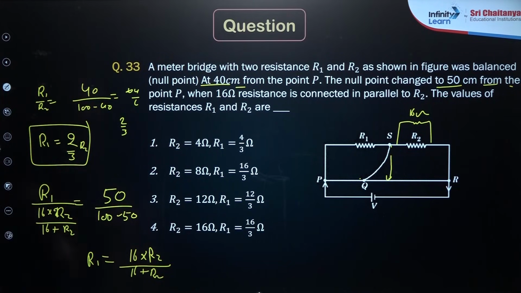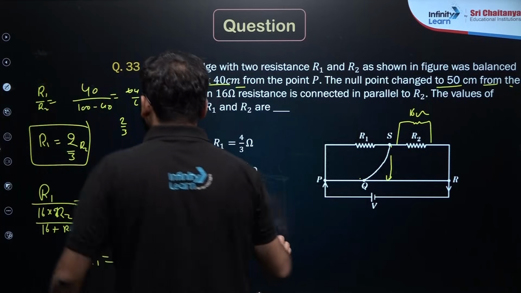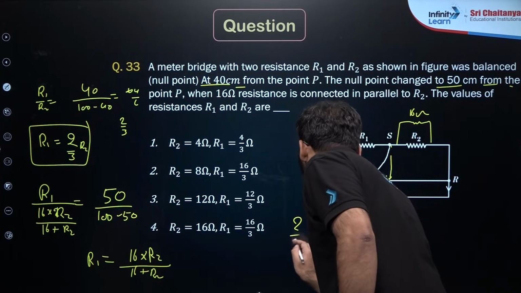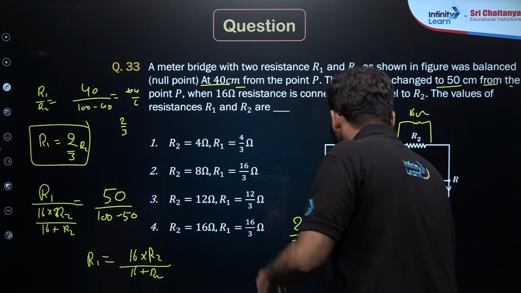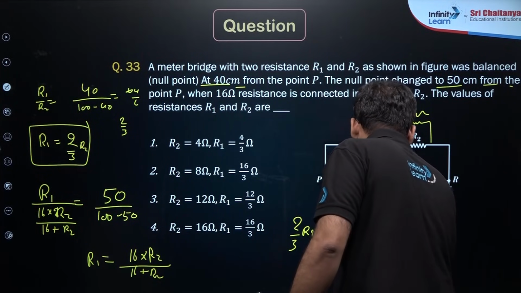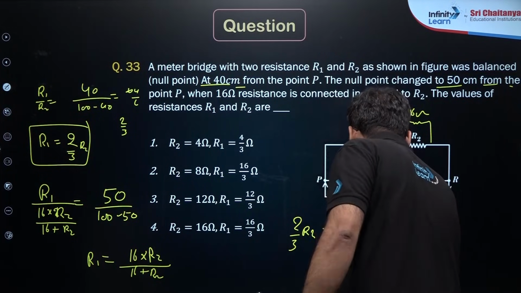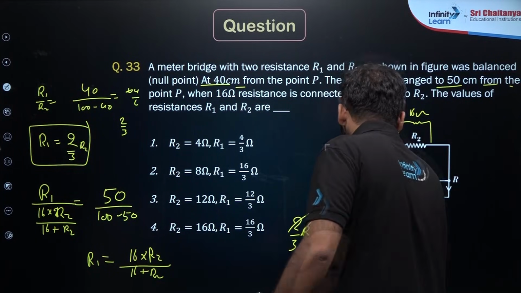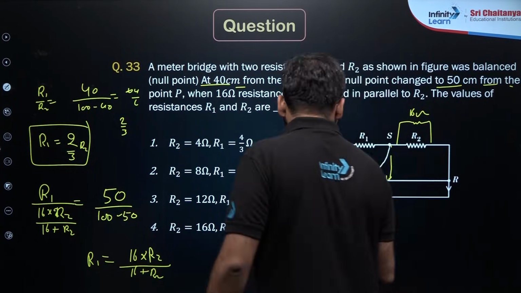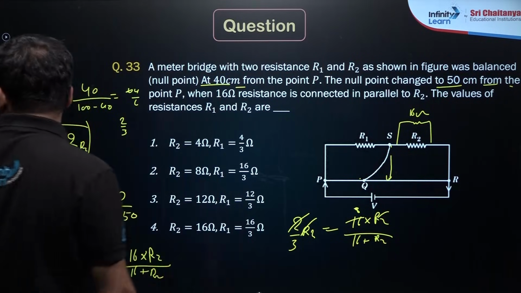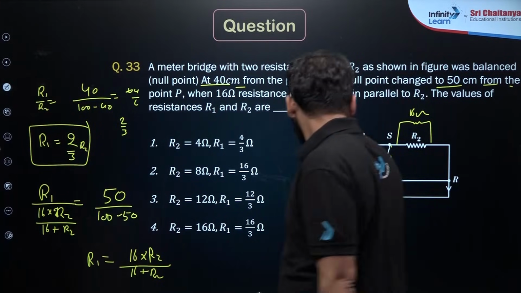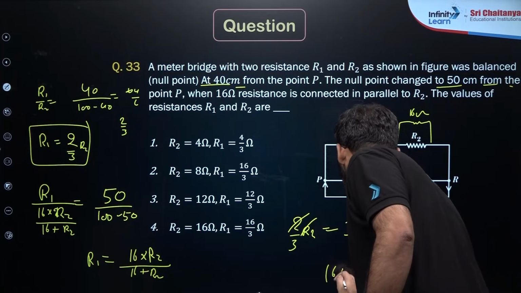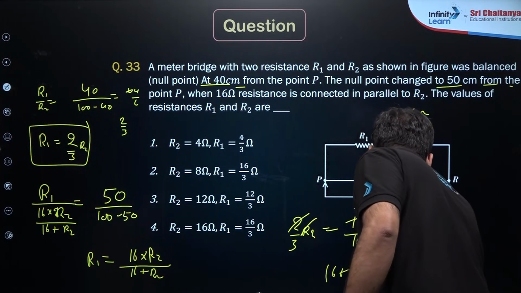Okay, and R1 equals 2 by 3 R2, so I am just putting that here: 2 by 3 R2 equals 16 into R2 divided by 16 plus R2. R2 cancels with R2, and this will be 8 times. So just solve this one and you can easily get the answer: 16 plus R2 equals 24.